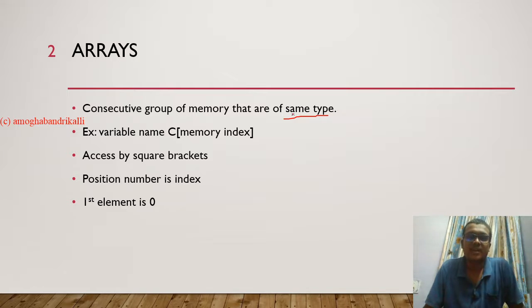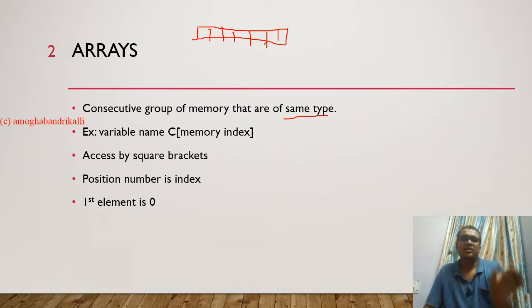Consecutive means one after the other. If you declare an array, it is going to take continuous memory, one location after the other. I am taking an example of a variable C.